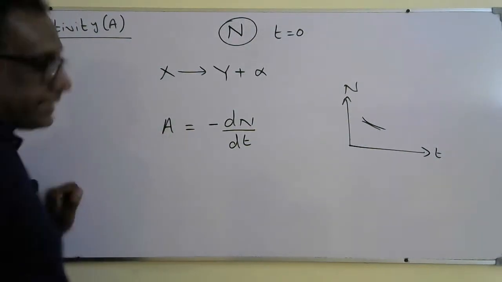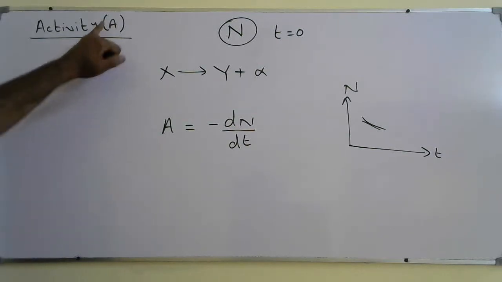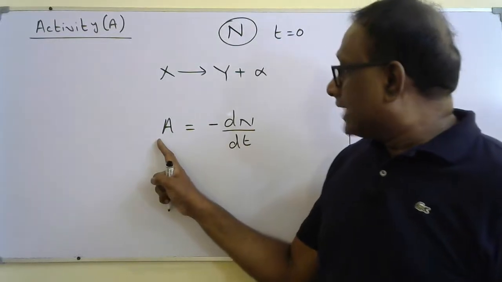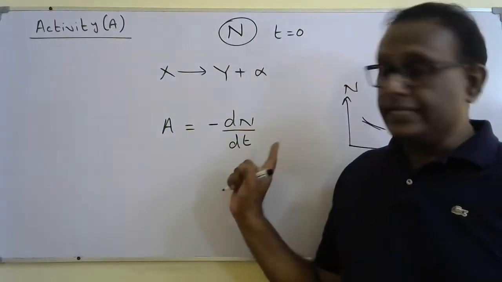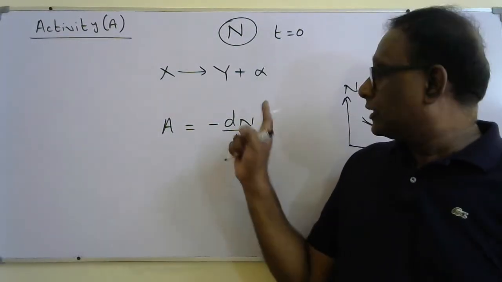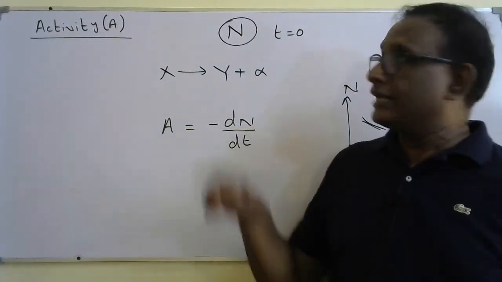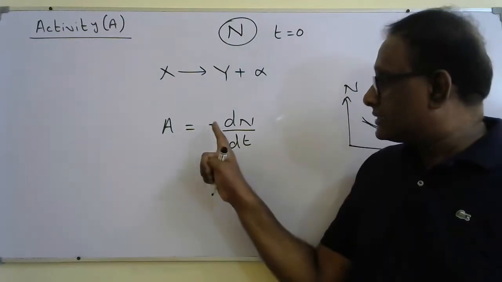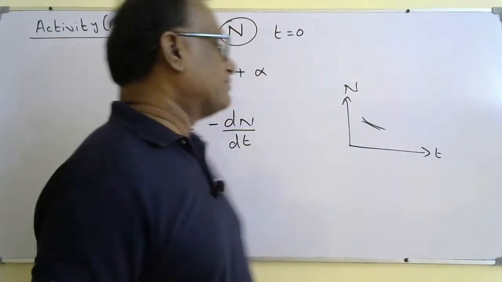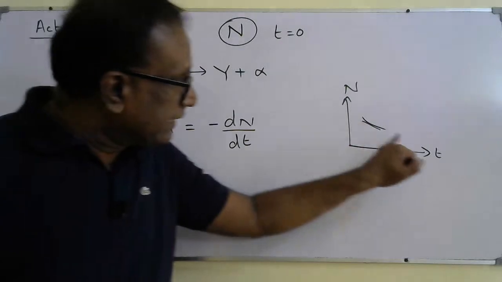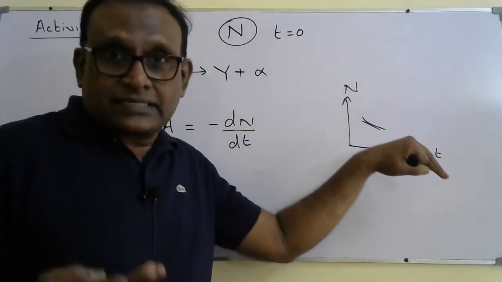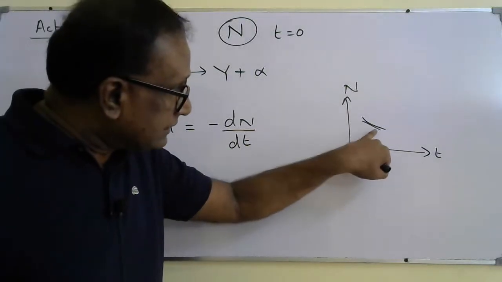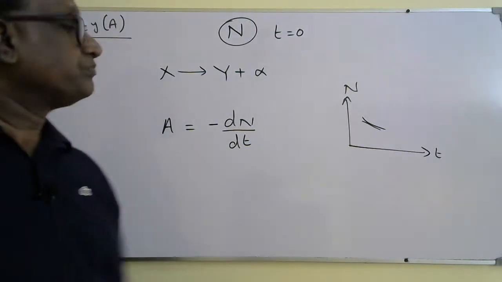The notation for activity is A, that is, A equals minus dN over dt. Why do we use the minus sign? Because N is a decreasing function. The number of radioactive nuclei decreases with time, and if you draw a tangent, which is the meaning of differentiation, it will have a negative value.